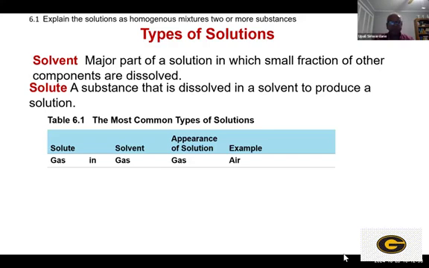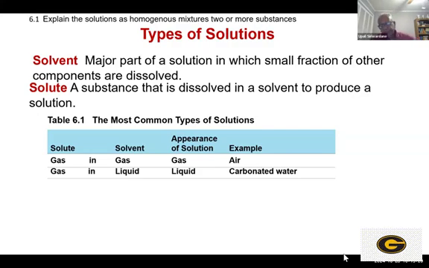Solution is homogeneous mixture. The first homogeneous mixture that we find is a gas in a gas. Air is an example. Air has oxygen and nitrogen and other gases. It's a homogeneous solution.